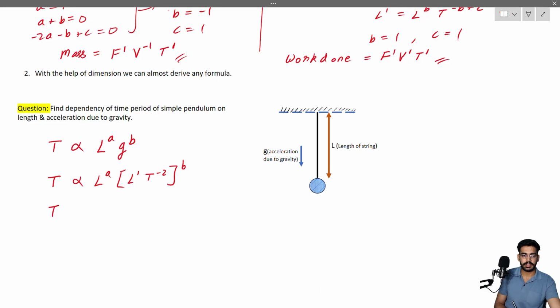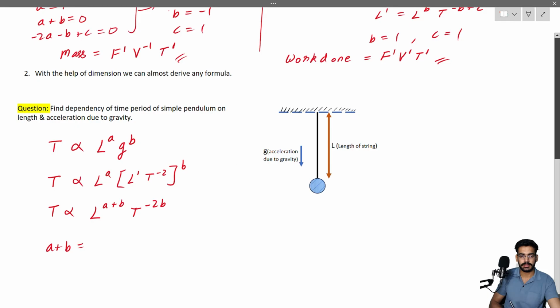So here if you write, t is proportional to L to the power a plus b and t to the power minus 2b. If you compare here, a plus b is going to be 0 and minus 2b is going to be 1. So from these two equations I can write b equal to minus 1 by 2 and a equal to 1 by 2.